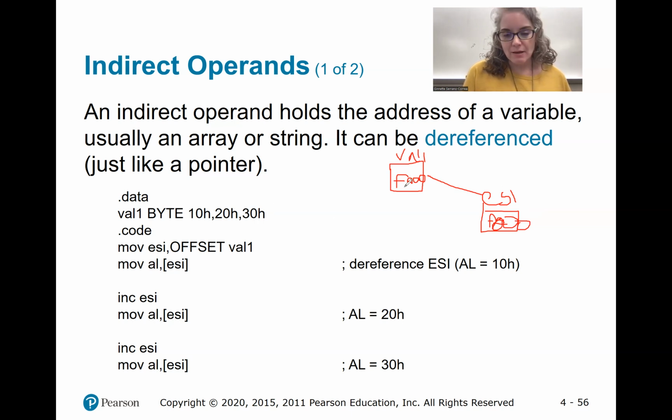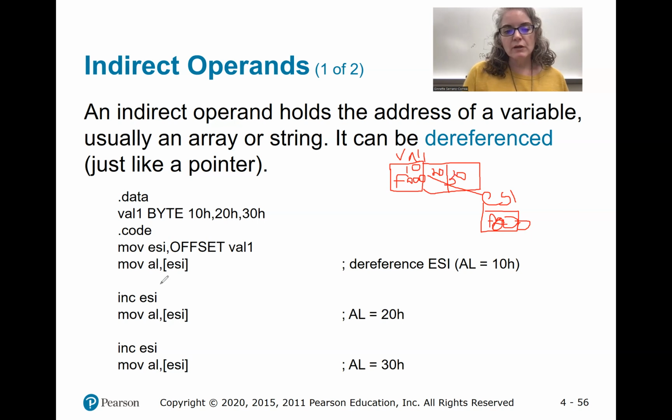So when we say ESI, I think I'm going to put it like this. 10 is at FF00. 20 is at FF01, and 30 is 1 byte away, FF02. So when you say ESI, you're pointing to the 10. So the 10 gets moved to AL. When you increase ESI, you're increasing it by 1.